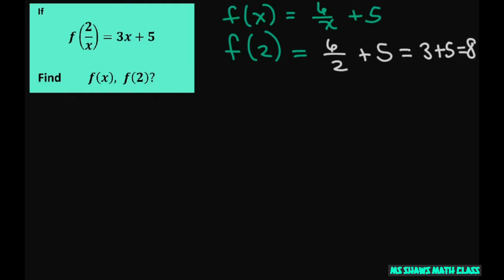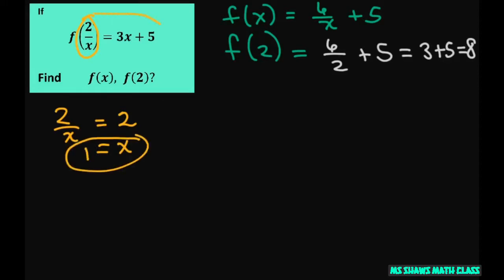Or what you could do is make this a 2. So do like we did in the first one: we'll let 2 divided by x equals 2. When you cross multiply, or you can just look at this, you get x equals 1.